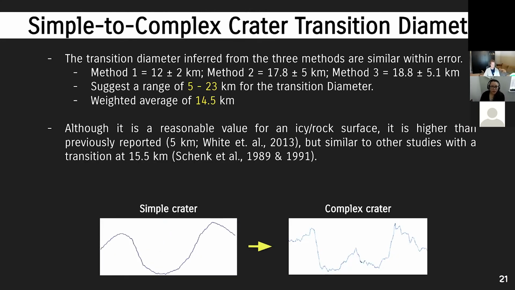So we saw that the 3 methods suggest a range of 5 to 23 kilometers for the transition diameter, and the weighted average of this is about 14.5 kilometers. This is quite similar to other icy rock surfaces. It is higher than previously reported, but it's similar to other studies with a transition at 15.5 kilometers from Schenk et al. 1989-91.